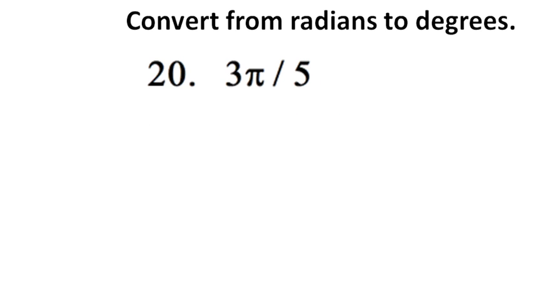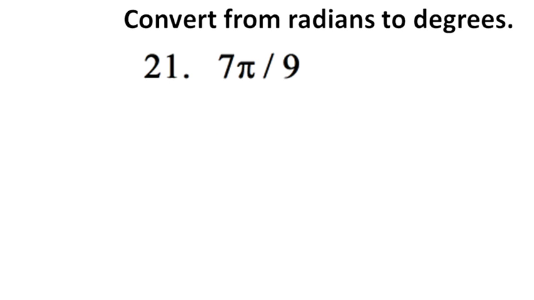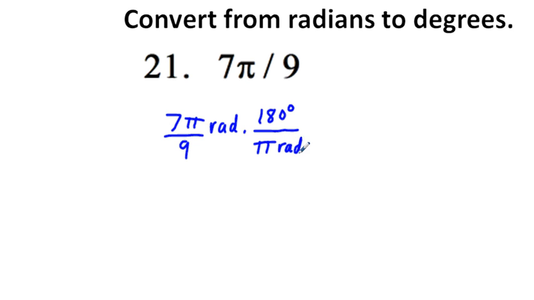Next, another problem, which is 21. Similar situation. We have 7 pi over 9 radians, and we multiply that by 180 degrees over pi radians, and we have a cancellation available here.